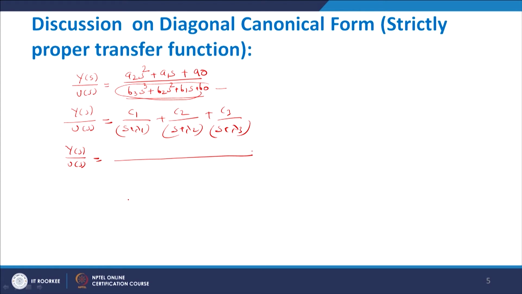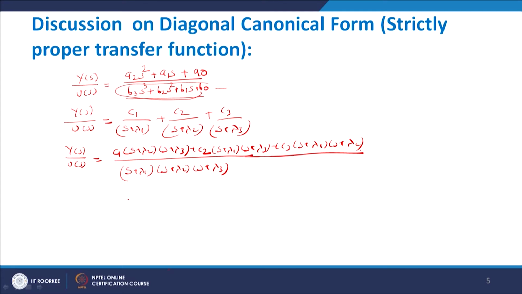We will get, with the common denominator s plus lambda 1, s plus lambda 2, s plus lambda 3, the numerator C1 times s plus lambda 2 into s plus lambda 3, plus C2 times s plus lambda 1 into s plus lambda 3, and plus C3 times s plus lambda 1 into s plus lambda 2.